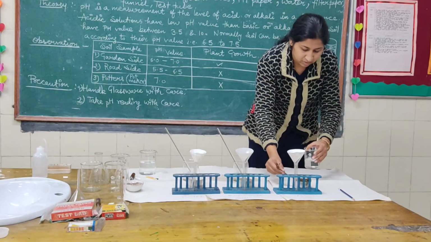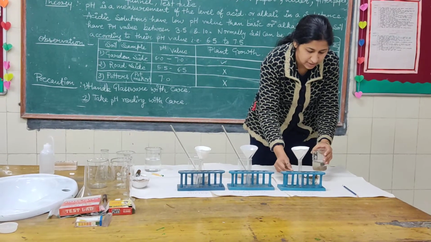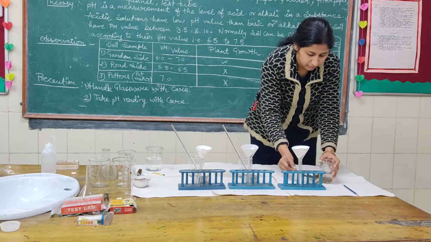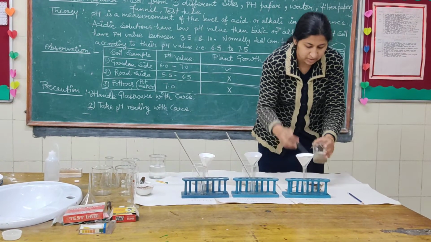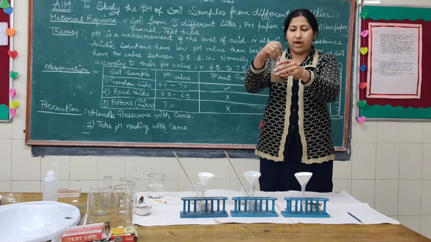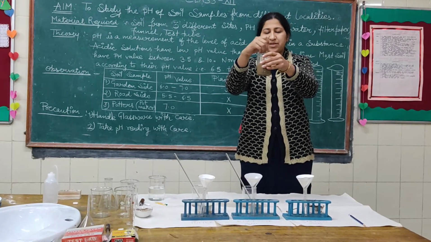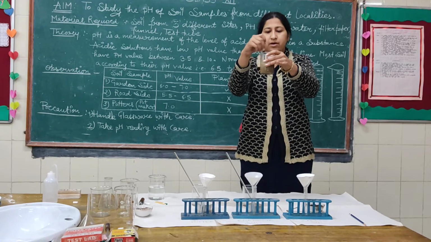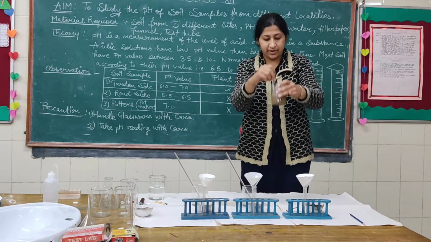We take a sample of garden soil, put it in, and mix it well. This is your garden side soil which we are mixing in 100 ml of water in a beaker. After mixing well, we keep it here.